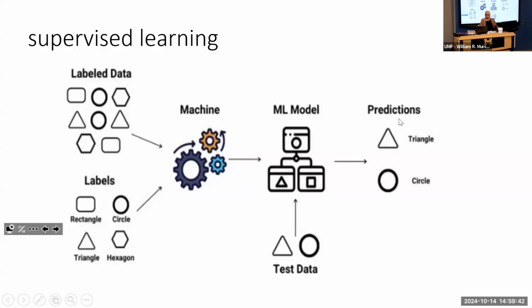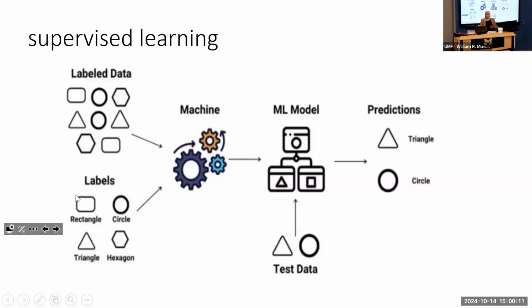And it is supposed to give the right predictions, the probability values of belonging to each of the classes, triangle or circle. The new concepts we are talking about today are train and test. Test data is the data that the model didn't see before, and the train data is the input to the ML model, okay?